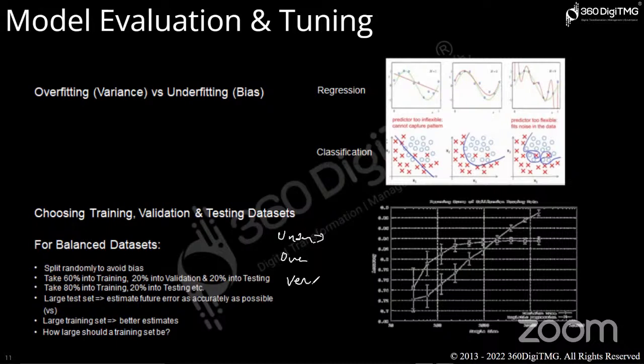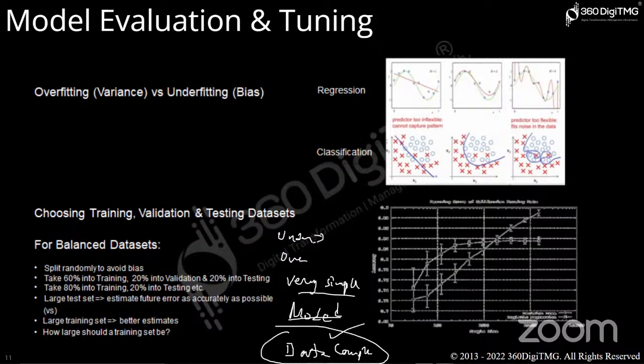Very simple model, but the data is complex. In this case, what happens? This model is not able to get the intricacies of this data.